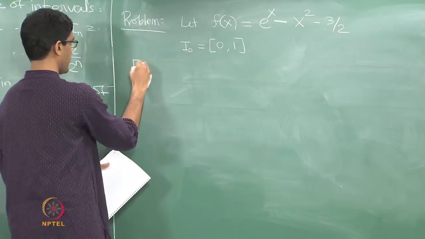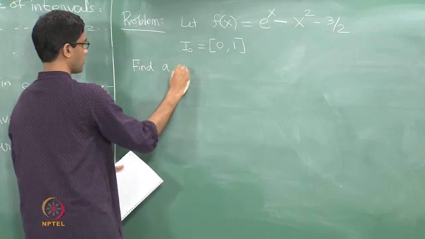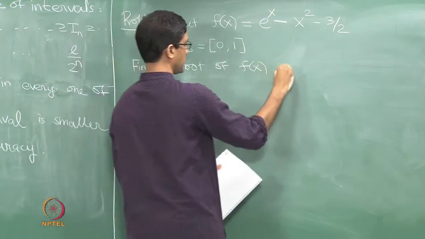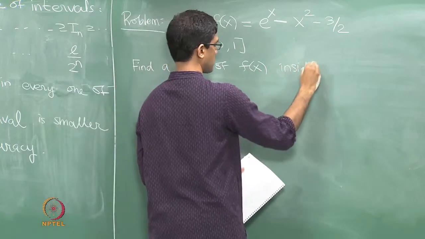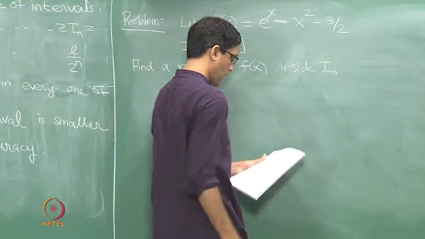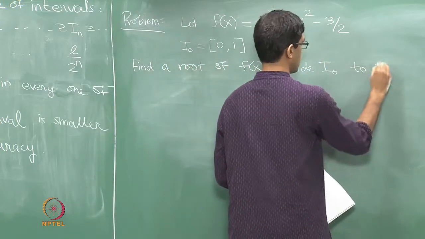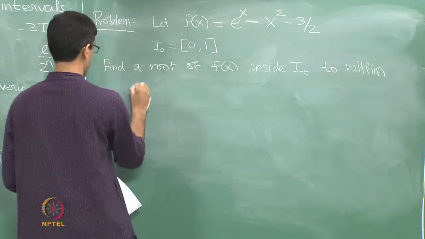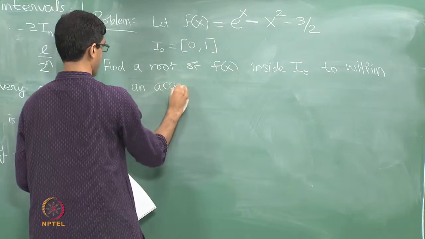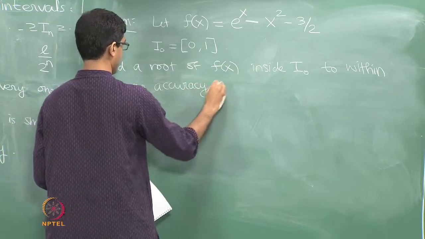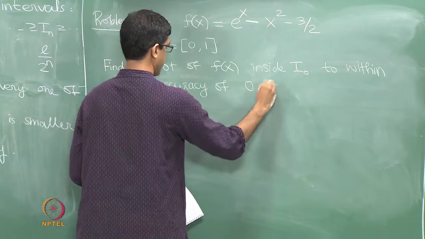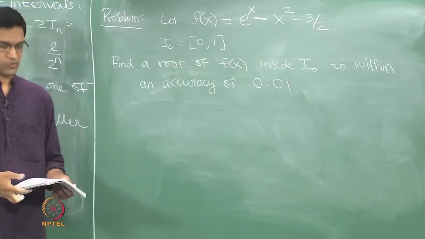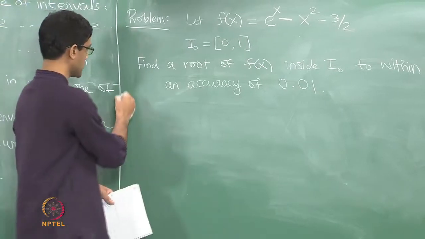And so here's the problem: find the root of f of x inside this interval to within an accuracy of 1/100, and use the bisection method to try and do this. Okay, so I leave this as an exercise.